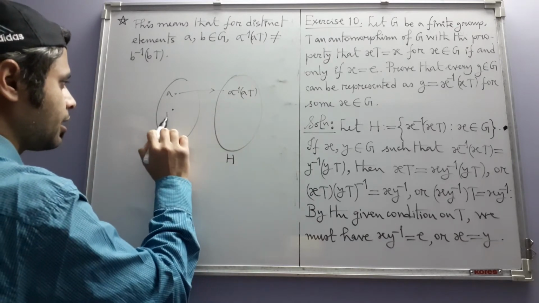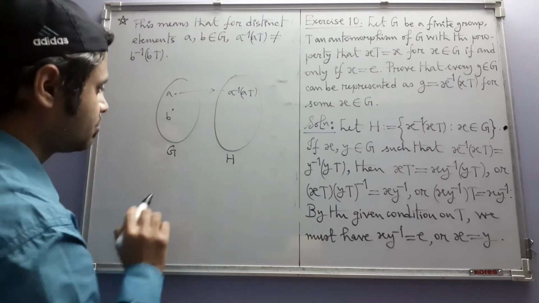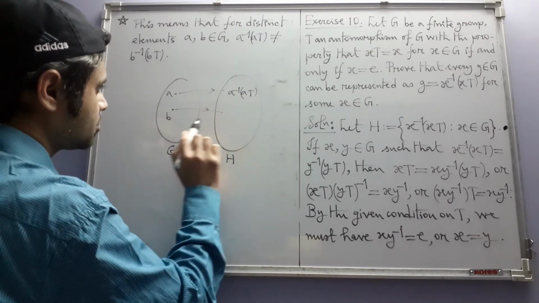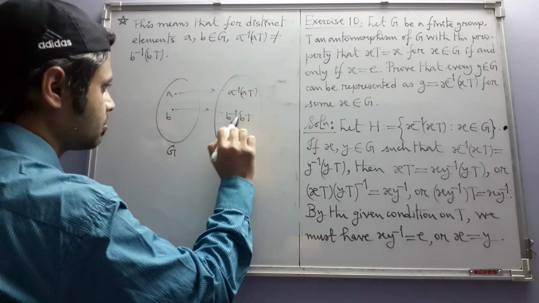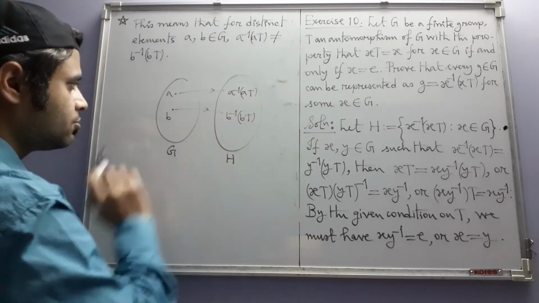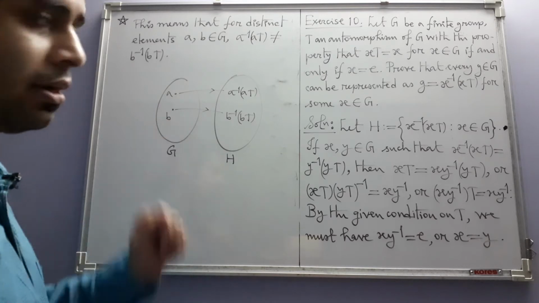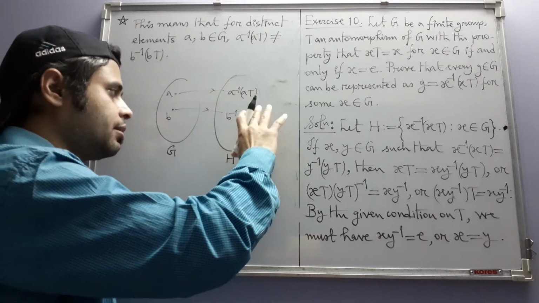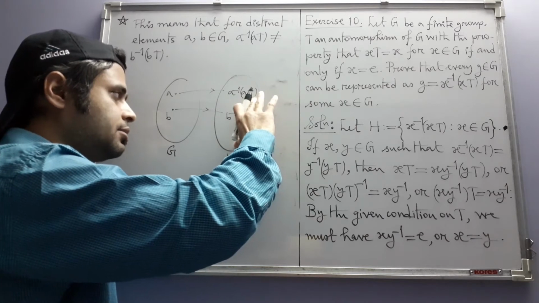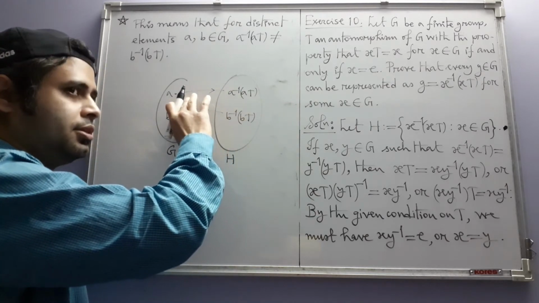You are taking another element B that is different from A, corresponding to that you are getting this element, and these two are not equal. That's what we have shown. So there are at least as many elements in H as there are in G.